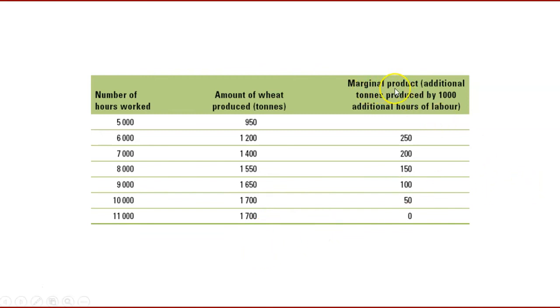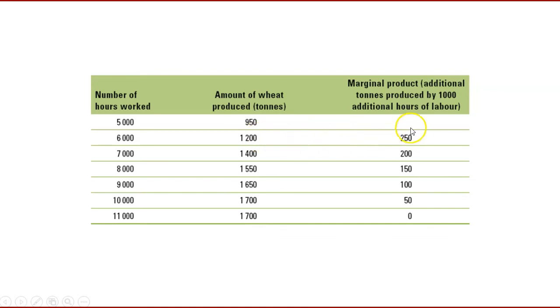And if we look here at the marginal product, or what we've called the marginal return, the additional tonnes produced by 1,000 additional hours of labour. Here we would take the original quantity, it's increased by 250 units.